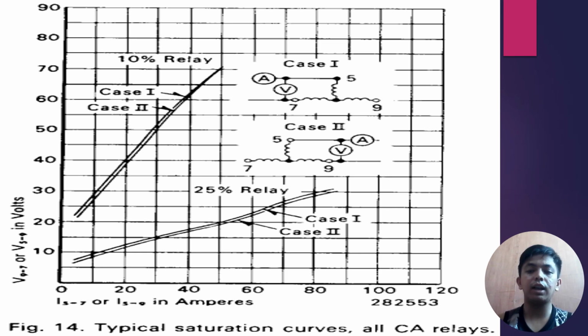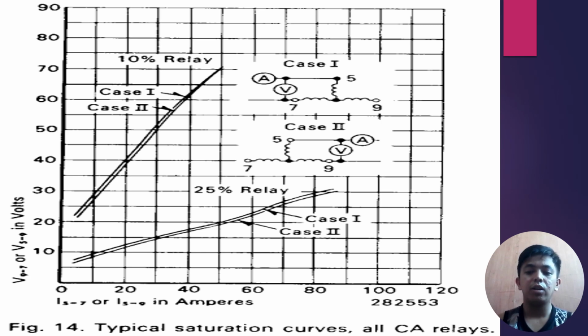Case 1 and case 2 represent different test conditions for the relays. As illustrated in the diagram, for the 10% relay, the voltage increases linearly with the current up to a certain point, beyond which saturation effects can appear.